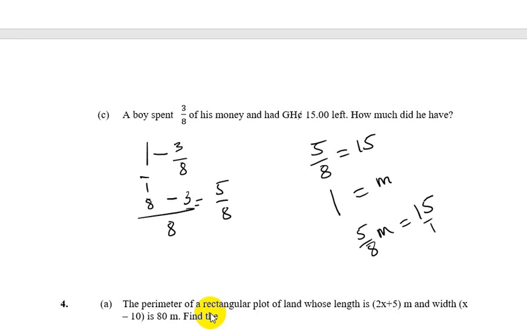So we get 5m equal to 15 times 8, giving us 120. Then m is equal to 24. So 24 Ghana cedis was the money before he spent that fraction to get 15 Ghana cedis. So simple like that.